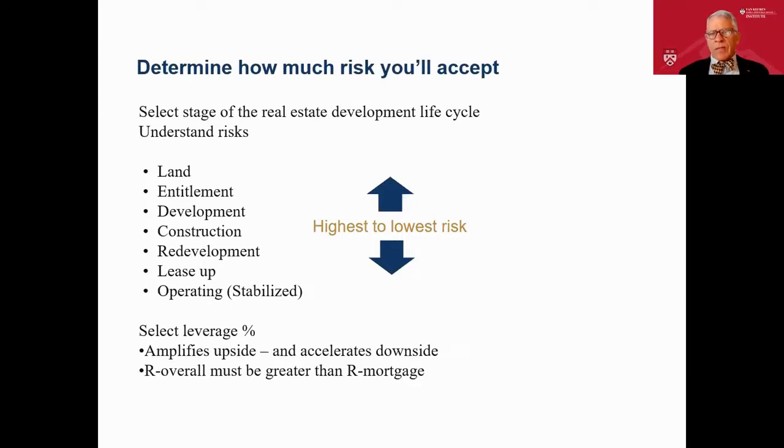All was great. Another developer bought a piece of land next door, expecting to do the exact same thing, only to find out that the main sewer line was at full capacity, and hence they had to put in a 4-mile sewer line, which was multi-millions of dollars to be able to bring sewer into that site. So the profit they were expecting went to close to zero because they hadn't scoped out and checked all of the details that are there.